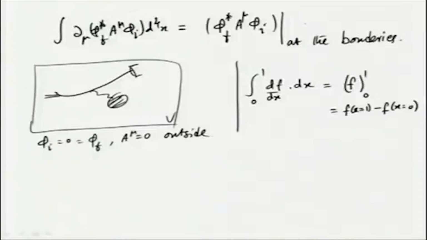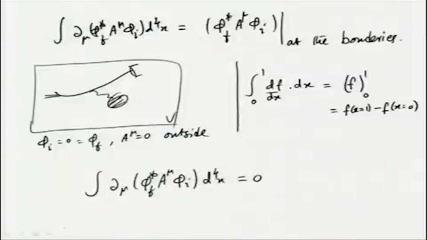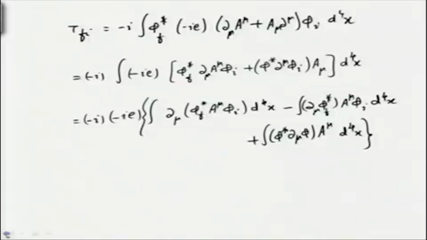Therefore, this integral vanishes: the integral of ∂_μ(φ* A^μ φ_i) d⁴x is equal to 0. Coming back to our expression for T_fi, the first term vanishes.